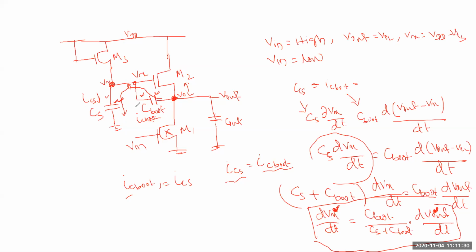Okay, so this is the important equation. Now you can integrate this thing. From that equation, what we have got is dVx by dt equal to C boot by CS plus C boot, times dV out by dt.